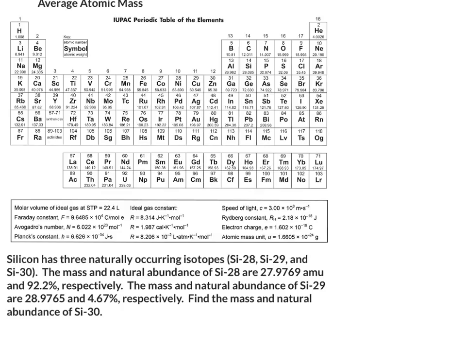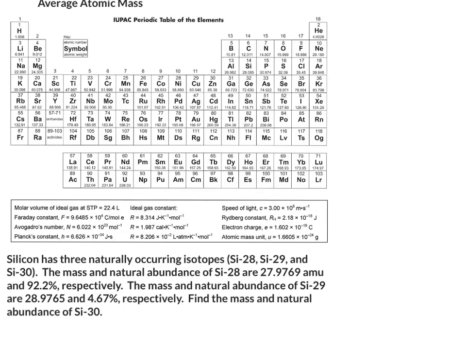But silicon has 3 naturally occurring isotopes, silicon 28, 29, and 30. The mass and natural abundance of silicon 28 are 27.9769 AMUs and 92.2% respectively. The mass and natural abundance of silicon 29 are 28.9765 and 4.67% respectively. Find the mass of silicon 30.